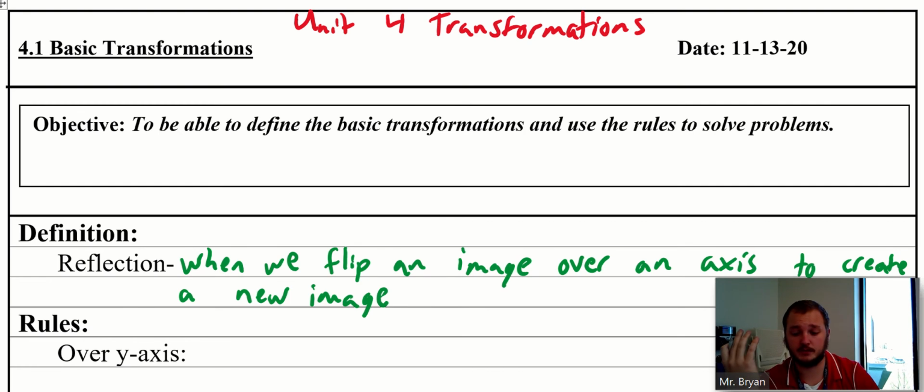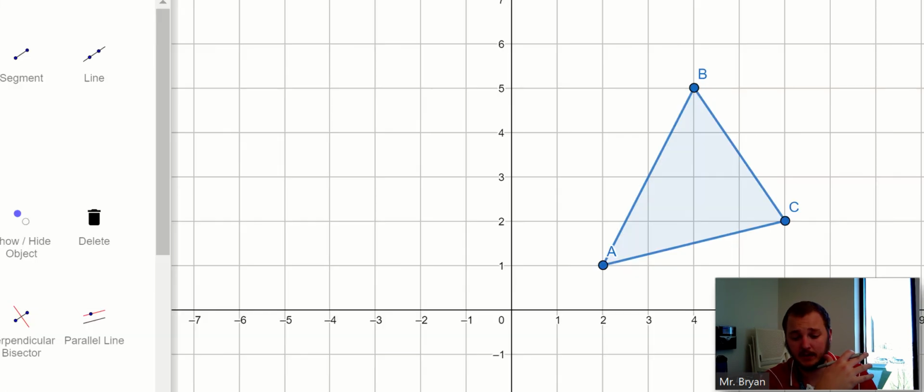In general, we'd show this with an activity where you'd get on laptops and explore a bit, but unfortunately we don't have the time for this unit to do that, so I can just show you real quick. Here I have some image. Most of the images you'll see on the problems you're working on are usually triangles.